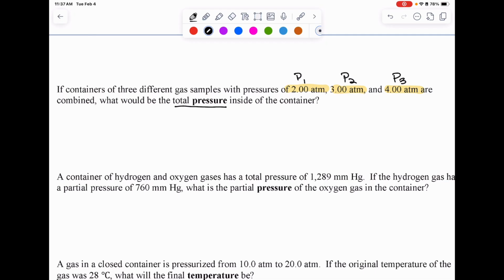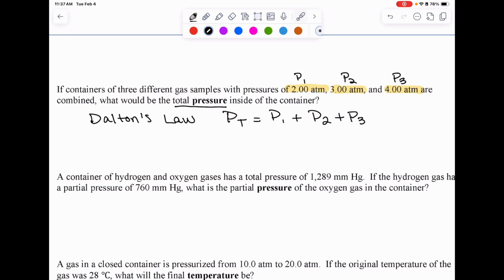So we have 3 different pressures here: P1, P2, and P3. Looking at your foldable, the law that talks about total pressure would be Dalton's law. Dalton's law is whenever you have a total pressure, that is equivalent to all of your partial pressures summed up or added up.